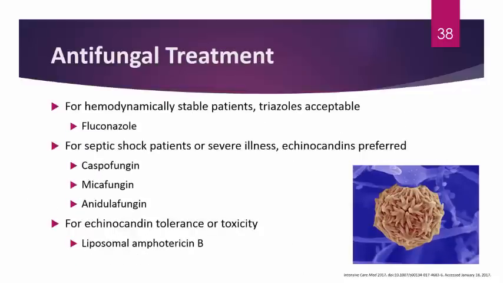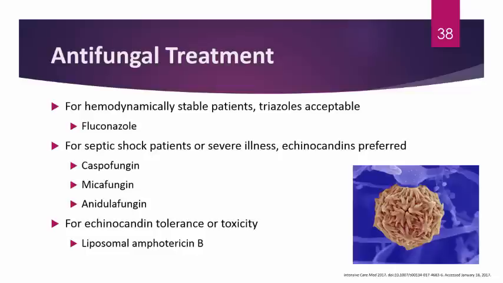For antifungal treatment, if you have a patient who you want to start on antifungal treatment, for hemodynamically stable patients who have decent blood pressures, triazoles are acceptable, such as fluconazole. For patients who have septic shock or severe illness, echinocandins are preferred due to their broader coverage.